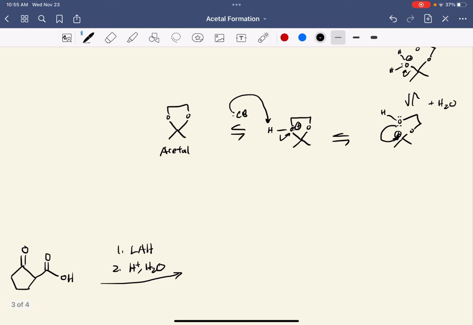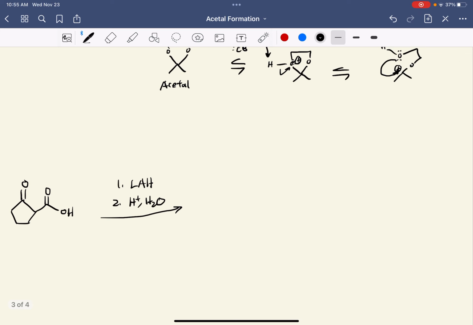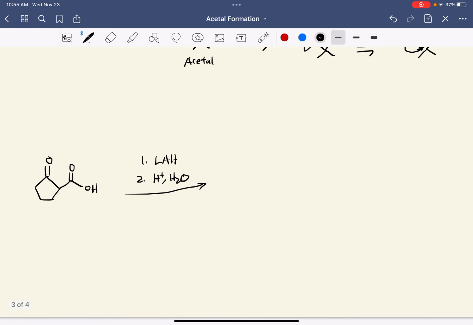Now, as to some examples of why they can serve as protecting groups, if you have the starting molecule here and you undergo this reduction, normally what you would expect is the ketone to form into a secondary alcohol and the carboxylic acid to become a primary alcohol. However, if you first turn it into a protecting group, you would get this compound.